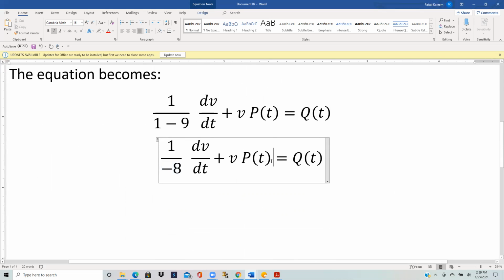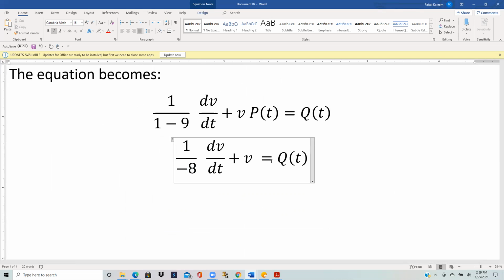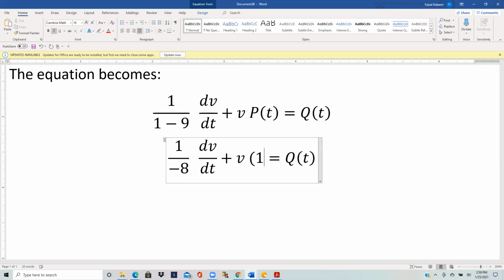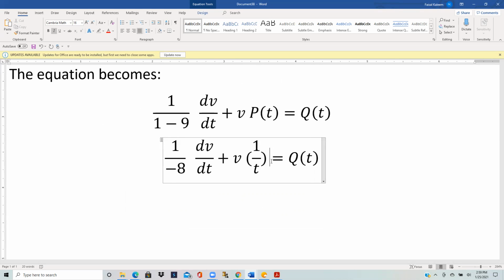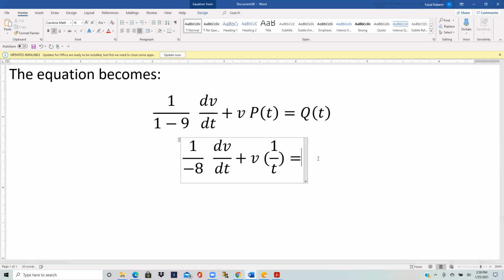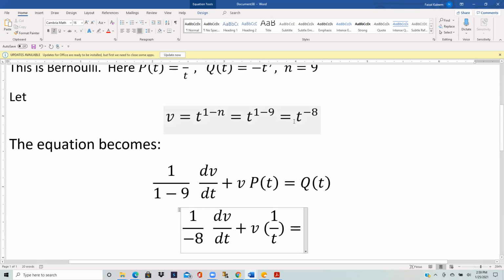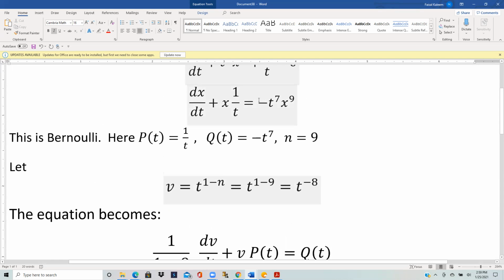So v times 1 over t. And q of t is negative t power 7.